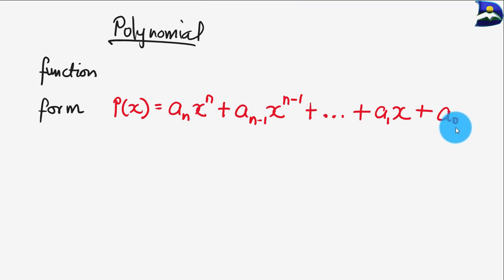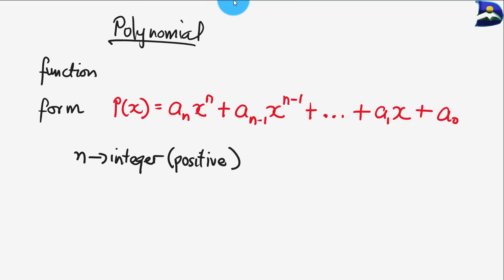Now take note that in this case n is an integer, and it is not only an integer but a positive one, and this is indication of how it is expressed as a polynomial.